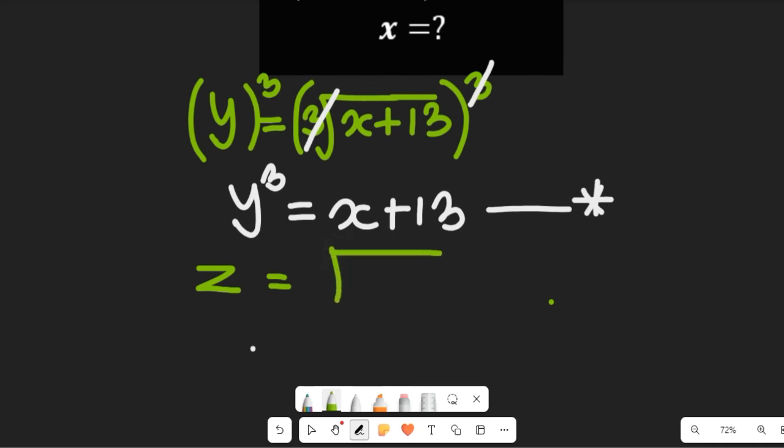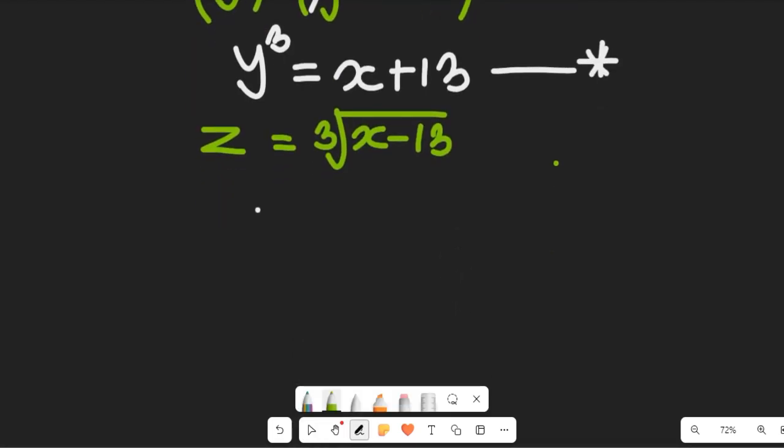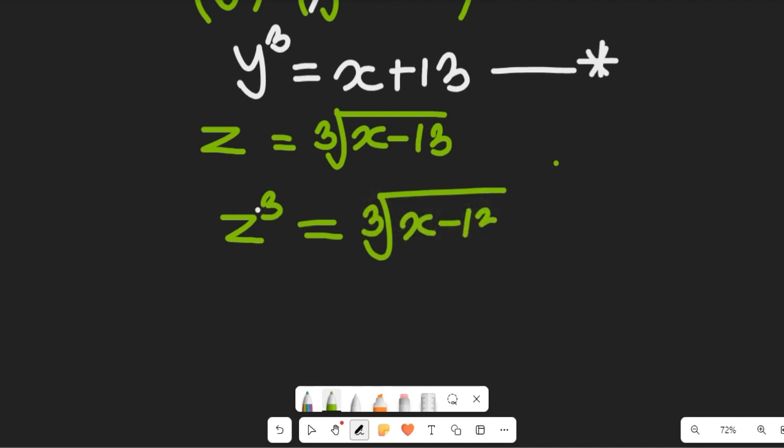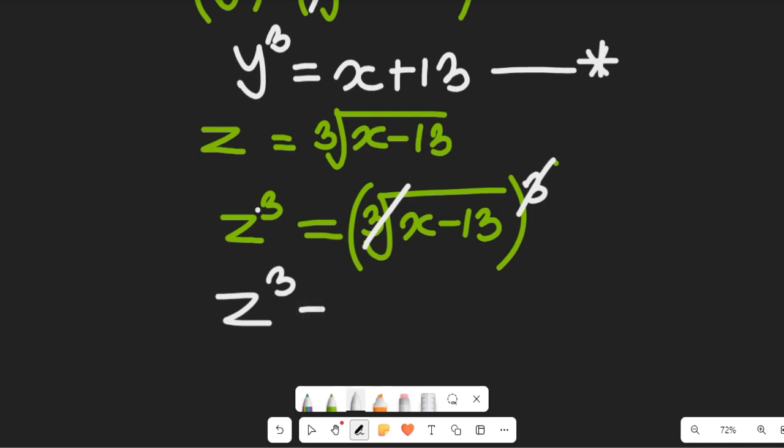If we take z to be equal to the cube root of x minus 13, remember that's the next expression given to us, and we do the same thing to this expression, we're going to find out that z to the power of 3 will be equal to the cube root of x minus 13, all to the power of 3. The cube root clears, and we now have z to the power of 3 equal to x minus 13.